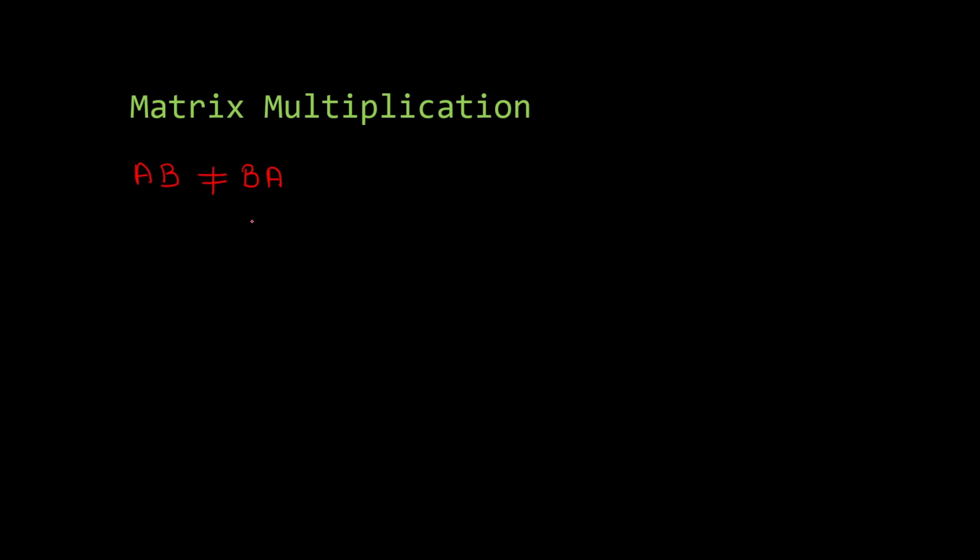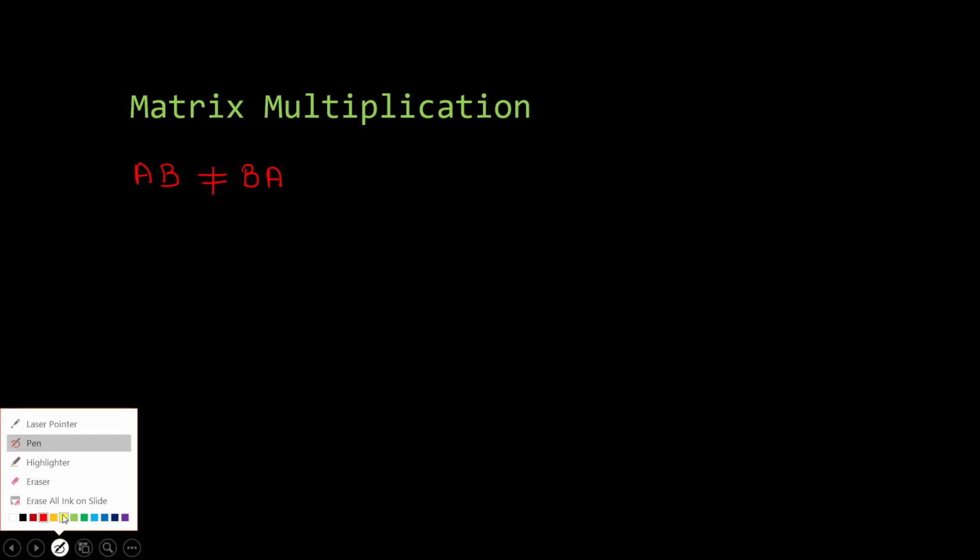It is contrary to multiplication for numbers: 3 into 2 is equal to 2 into 3. But because here we are multiplying using a certain pattern, the numbers would not match if you do it in the reverse order. You can also understand it this way: if you apply a particular linear transformation and then another linear transformation, the result would be something else if you do it in the reverse order. So that is one property to notice.